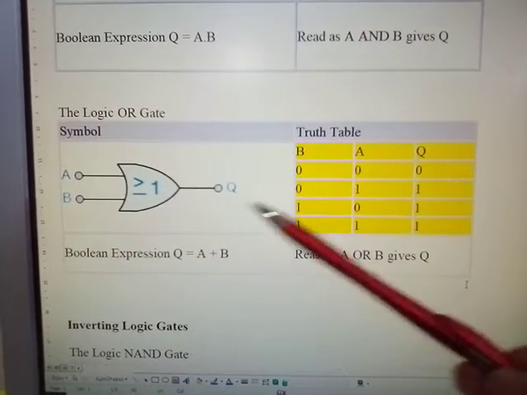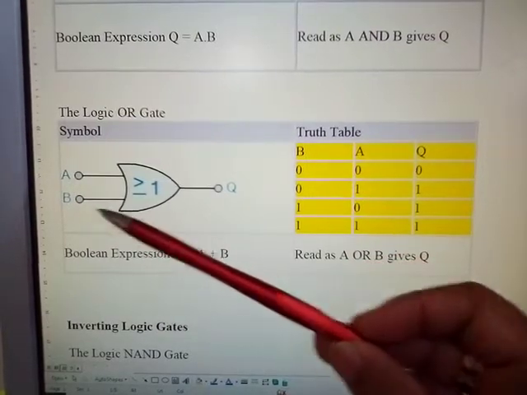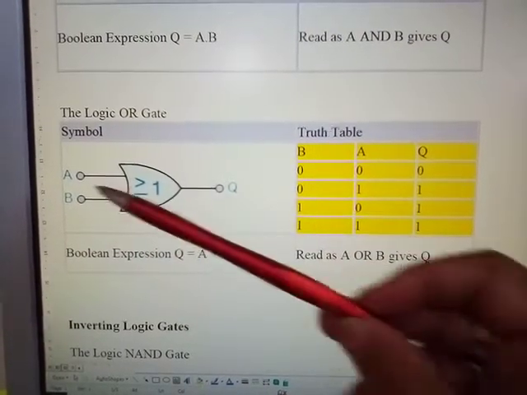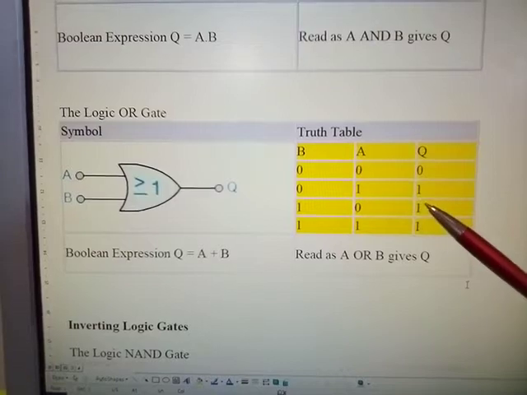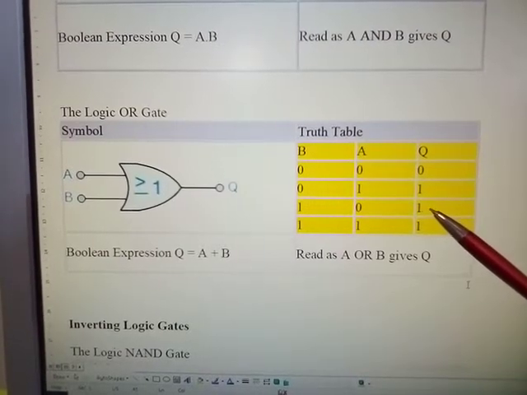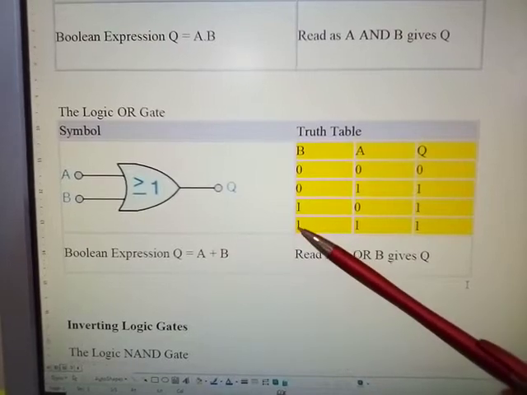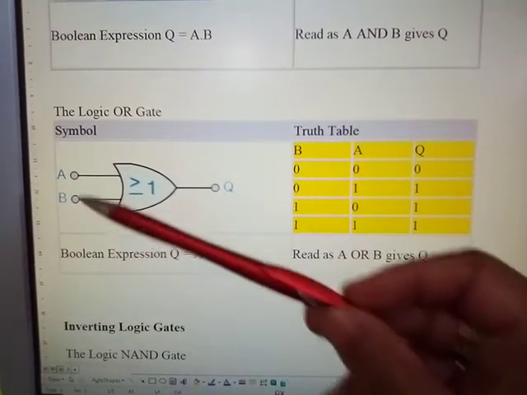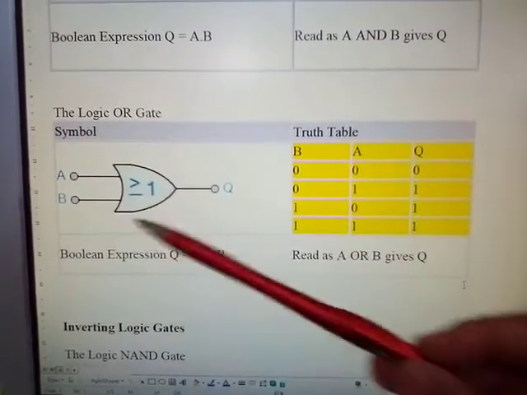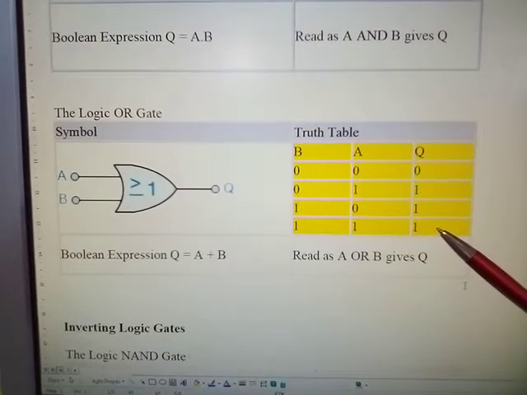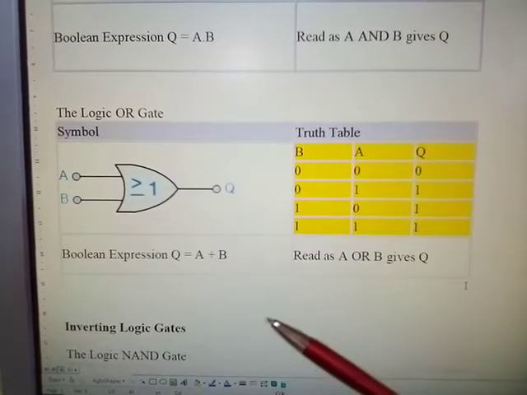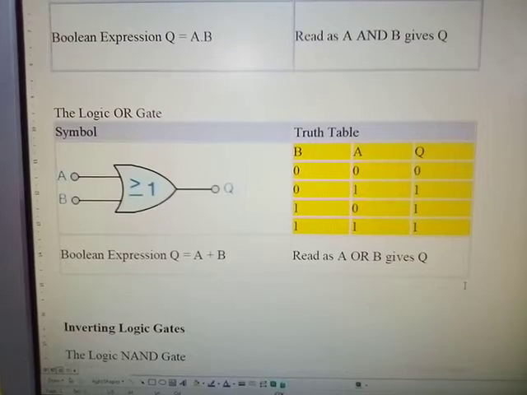If B has a logic 1 and A has a logic 0, you will get a logic 1 output. And if B and A both have logic 1s at their input, you will get a logic 1 output. Okay, that's what the logic OR gate does.